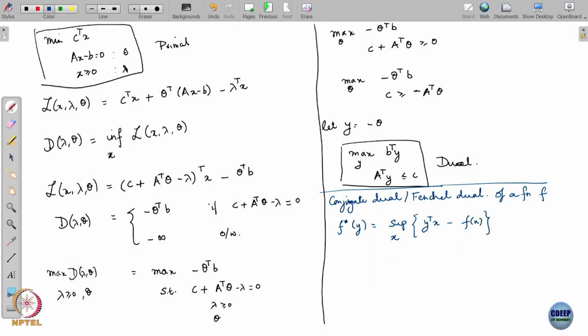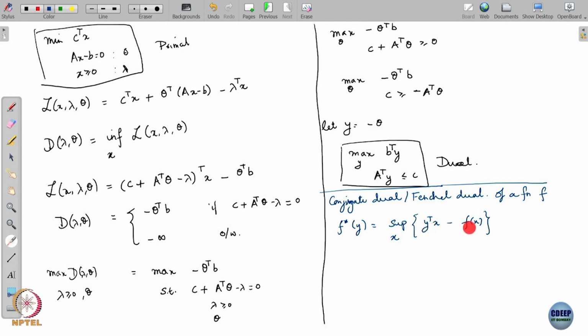So what you do is you subtract f from a linear function whose slope is the parameter that you control. The slope here is y. So you subtract f from this linear function and you look at the maximum value that you can get with a certain slope.